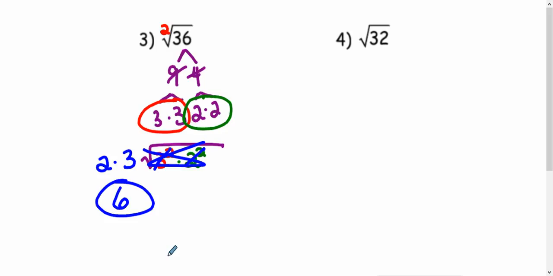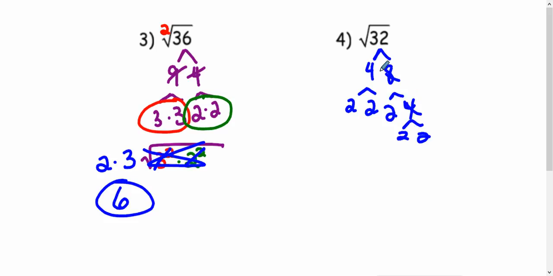Now, so far we've talked about just perfect squares, but you don't always get a perfect square. Let's talk about 32. To multiply and get 32, most students would tell me 4 times 8. Again, there are a few other ways you could get there. We're just going to break this down to its prime factors. Just like that. Notice how I always cross it off every time I break down another branch?